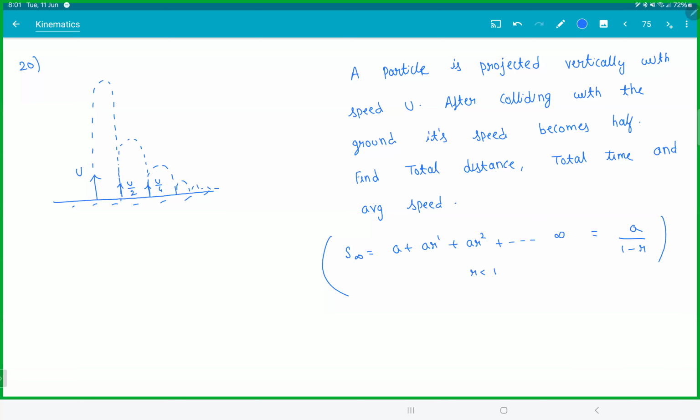Time 5 plus u. What is u? What is 5? How did you get 5? H is minus u square. Why did you find h? What is h? Oh, sorry, I meant to say total distance. Minus sign. Total distance is minus.